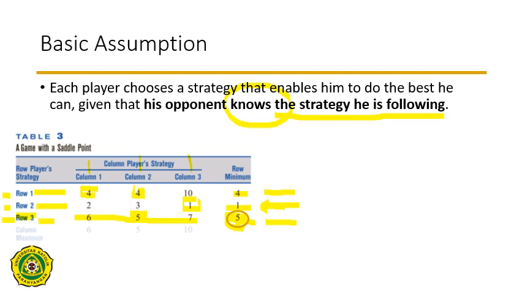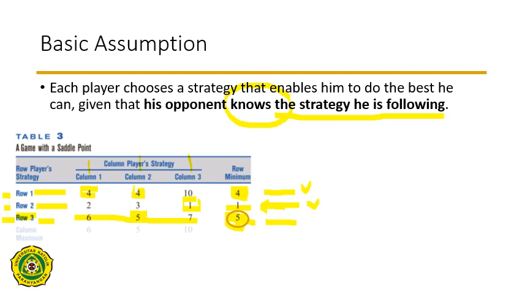Suppose the row player tries other strategies. You can see that the column player can do much worse to the reward of the row player, right? If the row player picks the first strategy, the column player can make sure that the row player only receives $4.